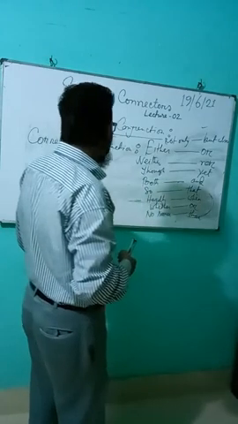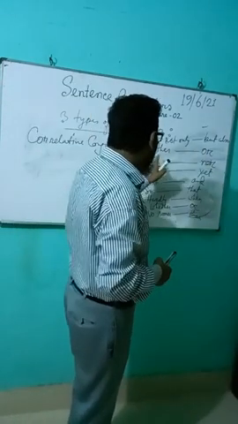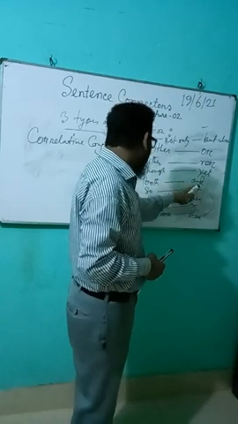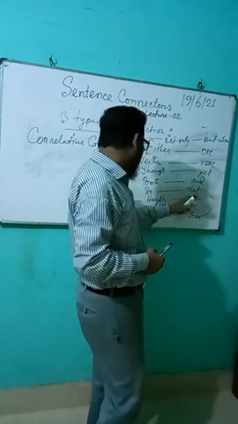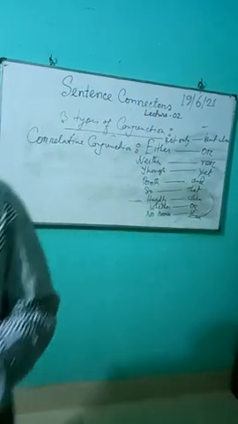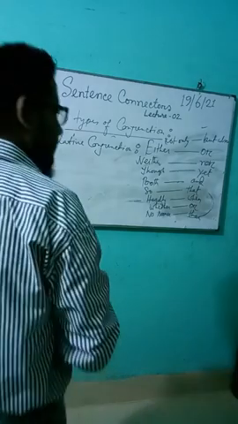So the common correlative conjunctions are not only...but also, either...or, neither...nor, though...yet, both...and, so...that, hardly...when, whether...or, no sooner...than.